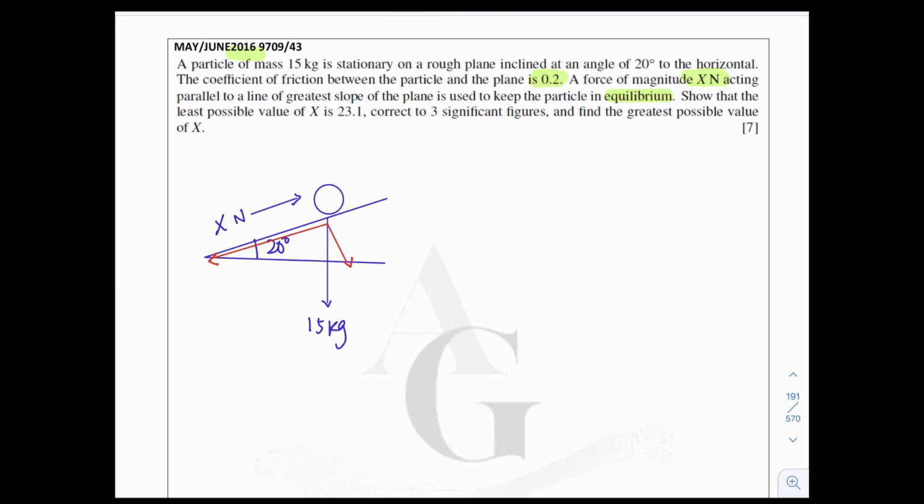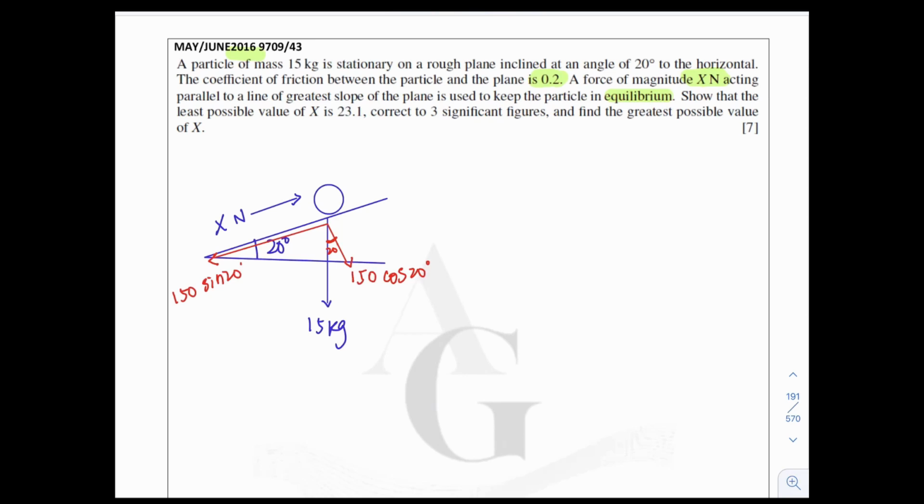For the force that is perpendicular to the plane's direction, it should be 15 times 10, it should be mg. So it's 150 Newton cos 20, as the angle here is 20 degrees. As for the force that is parallel to the plane, it should be 150 sine 20.